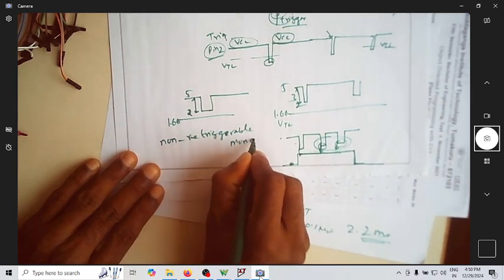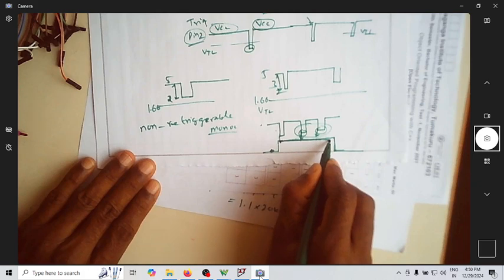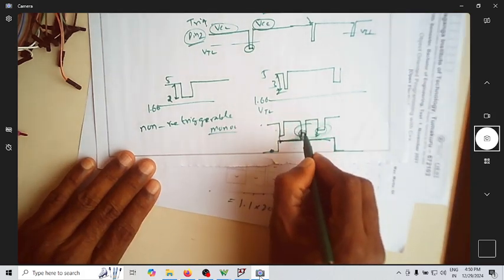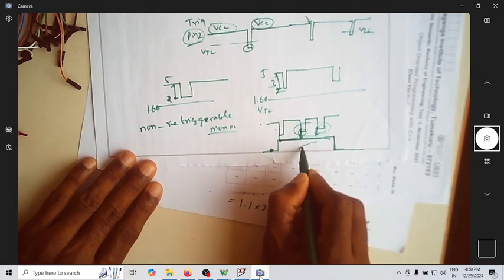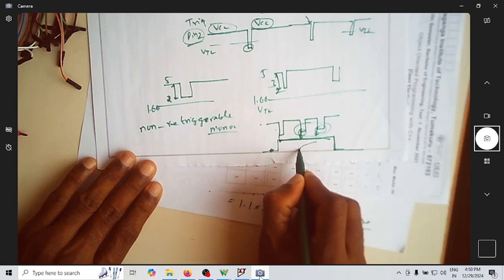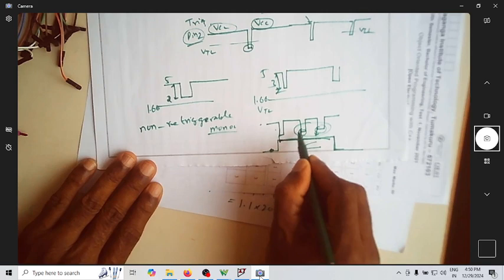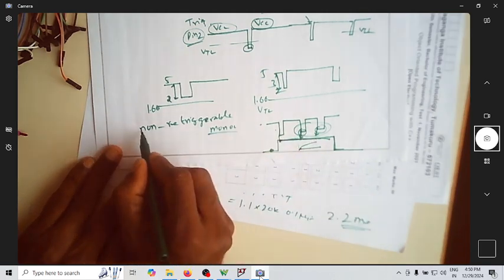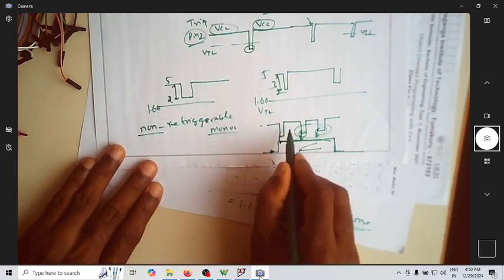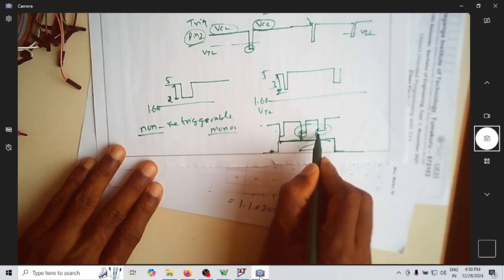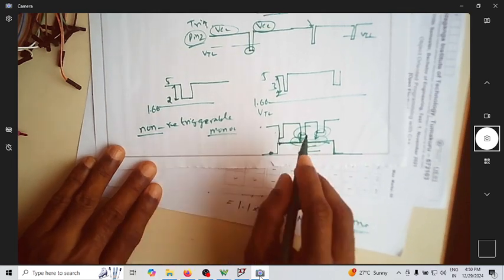monoshots. Meaning when it is in the quasi-stable state, if you keep on giving the trigger signal, the pulse width will not start from here again. You cannot re-trigger it when it is already in the quasi-stable state. That's why it is called non-retriggerable. You can trigger it once, but you cannot re-trigger it whenever it is still in the quasi-stable state.